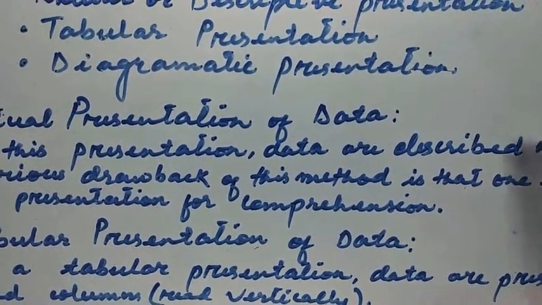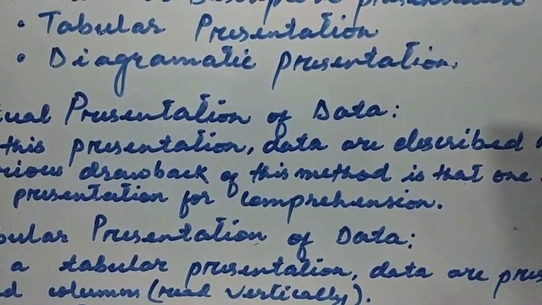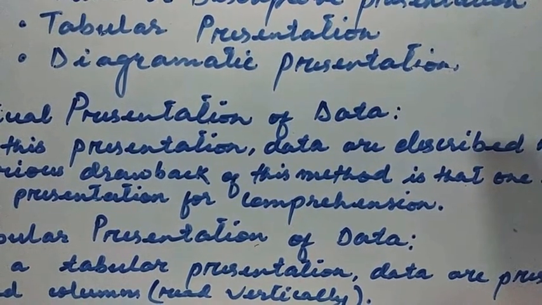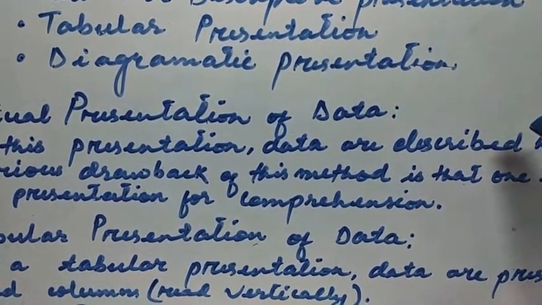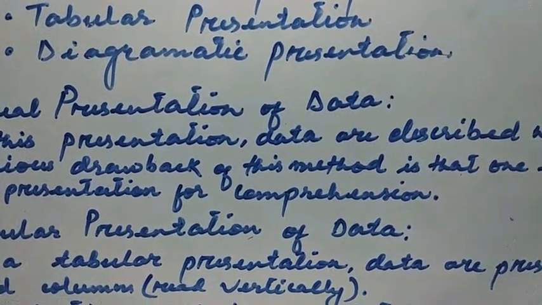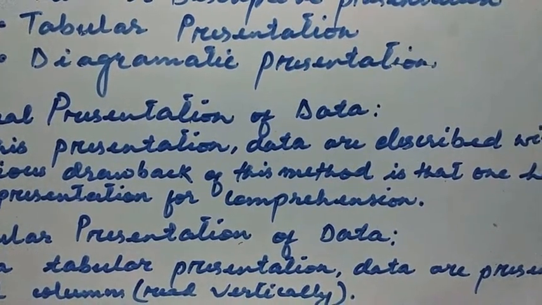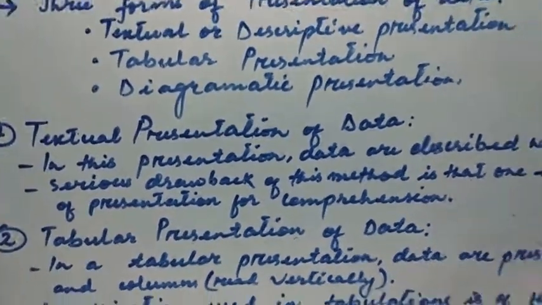That is the main drawback. But we are presenting the data so that we are able to draw comprehension in a very short time, so that we just look at it and we are able to give a conclusion or understand what is given there.